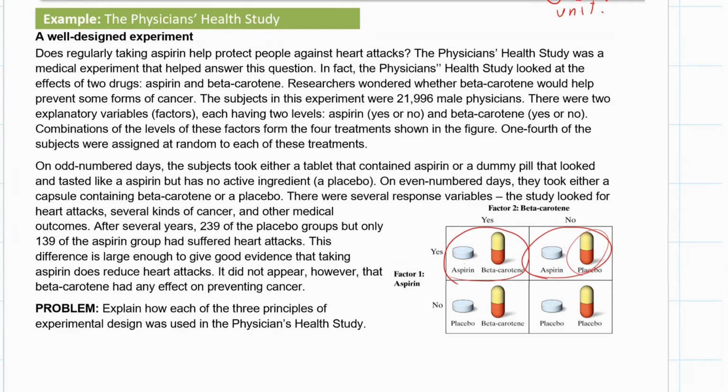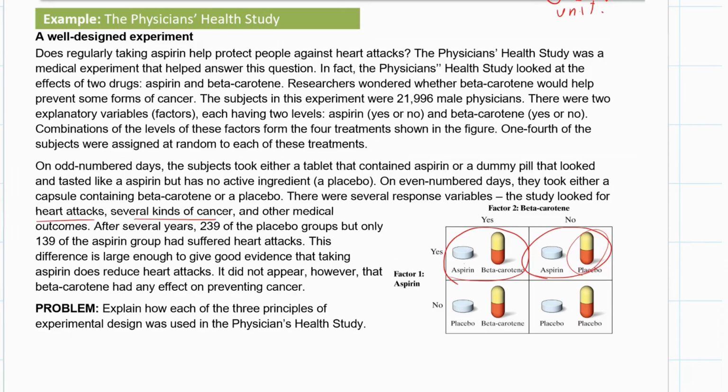On odd numbered days, subjects either took a tablet containing aspirin or a pill that looked like and tasted like aspirin but had no active ingredient, a placebo. On even numbered days, they took either a capsule that contained beta-carotene or a placebo. Several response variables were looked at, including heart attacks, several kinds of cancers, and other medical outcomes.